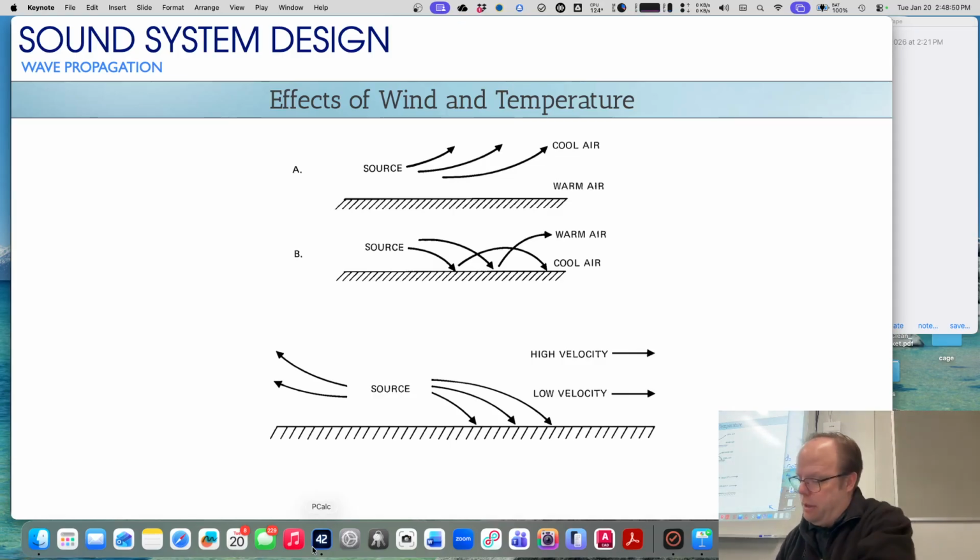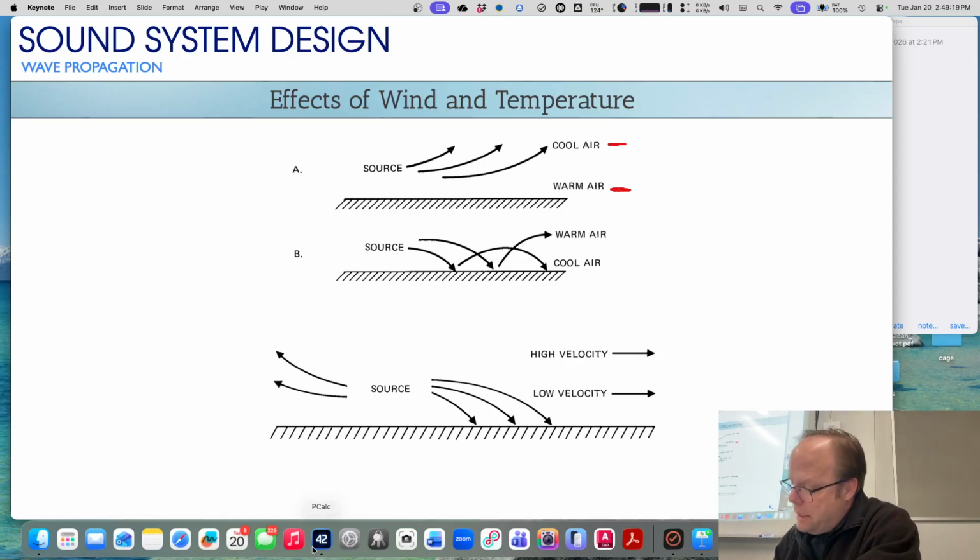So in scenario A here, we've got cooler air up above and warm air down below. What's going to happen? Well, the part of that sound that's towards the floor or the ground is going to be moving faster than the part of that wave that's up above. Does that create its own cone filtering in a way? No, but it does have the effect of changing the direction that energy is propagating.